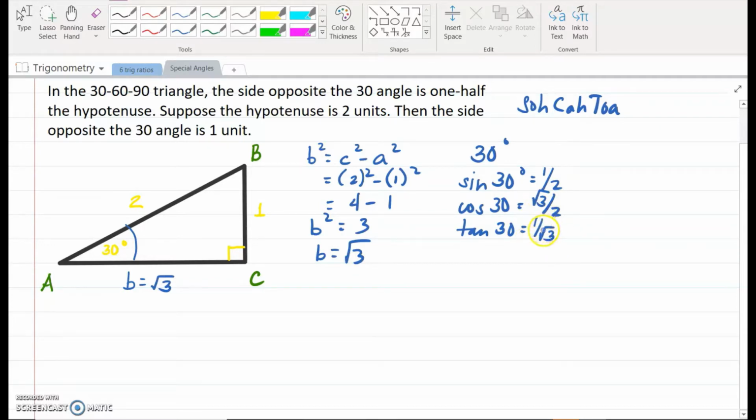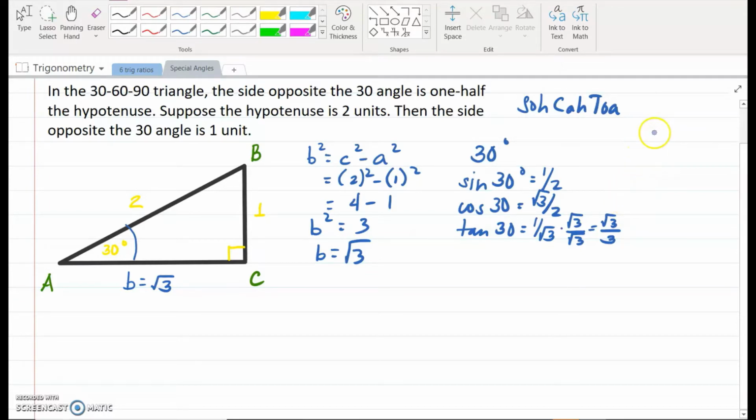But since the denominator has a radical sign, we have to rationalize this ratio by multiplying both the numerator and denominator by the denominator square root of 3. So 1 times the square root of 3 is square root of 3. Square root of 3 times square root of 3 is square root of 9 or 3. So tangent 30 is square root of 3 over 3.